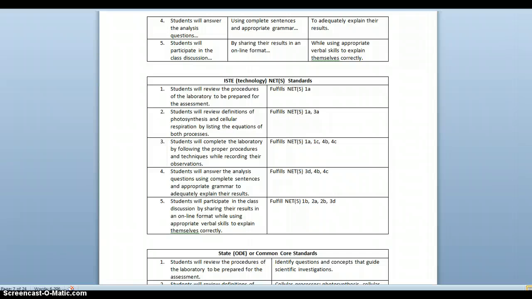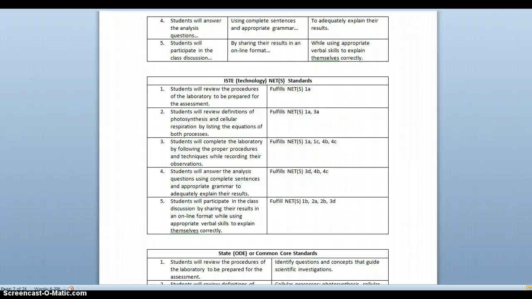For integrating technology, in the lesson that I focused on, after the students complete a lab in which they compare photosynthesis and cellular respiration, they are then supposed to answer analysis questions and also post the answers to their analysis questions on an online discussion forum.